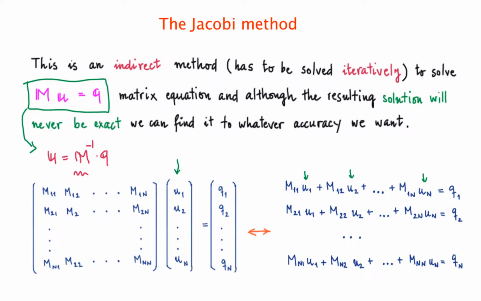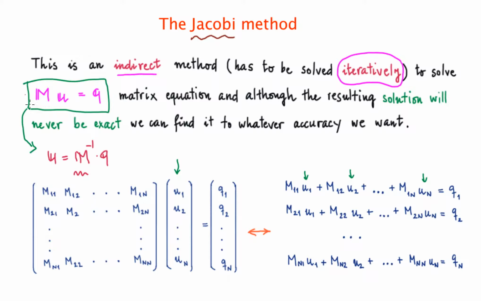Here we're going to see some of these methods. The first one that we are going to check is called the Jacobi method. It's important to take into account that this Jacobi method is going to be an indirect method. That basically means that we're going to solve it iteratively, and we'll see later what that means.